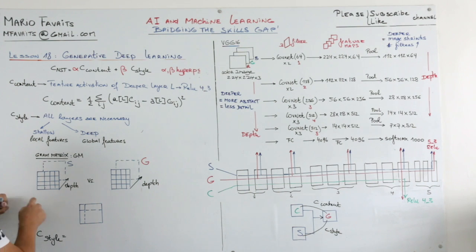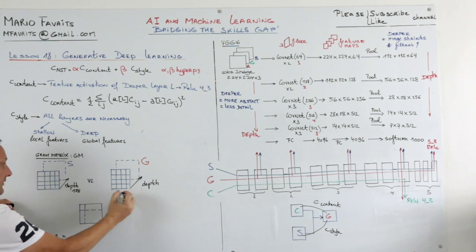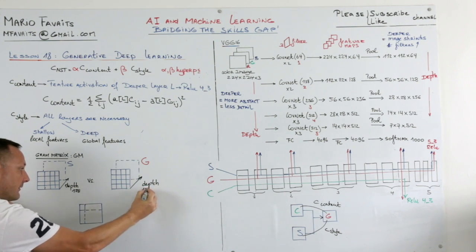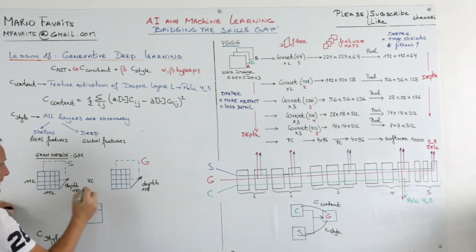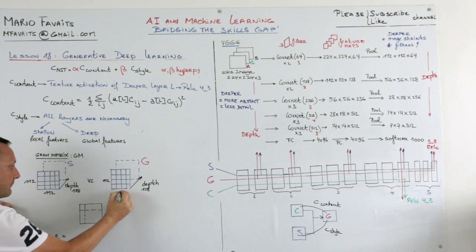All right. So then the size, and these are your filters. You have a depth amount of filters, and the depth in our case is 128. So you have 128 filters. All right, and the layer that we will use has 112 by 112.